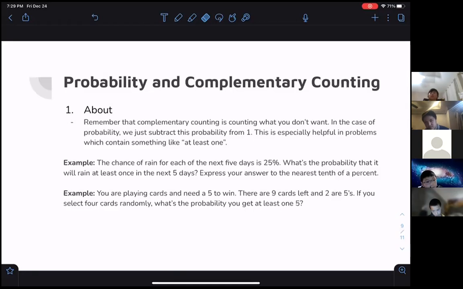All right, so I see someone got it. If they'd like to explain, that would be all right, but I can explain too since we're running a bit long. Okay, so basically, the complement of getting at least 1 5 is getting no 5s at all.